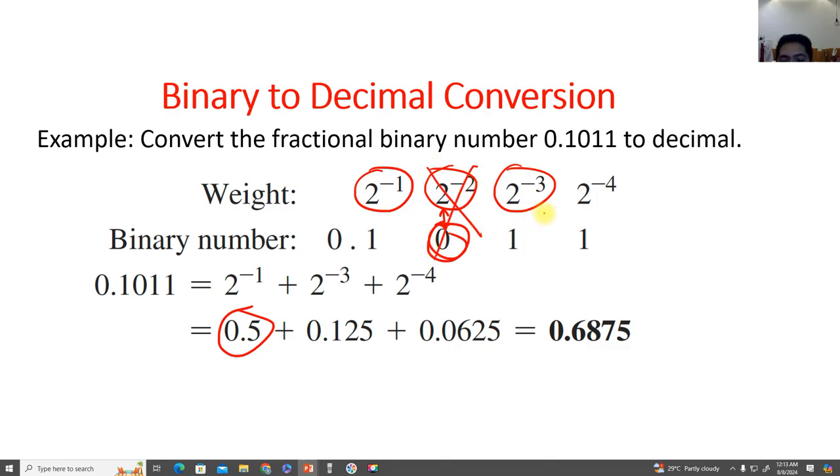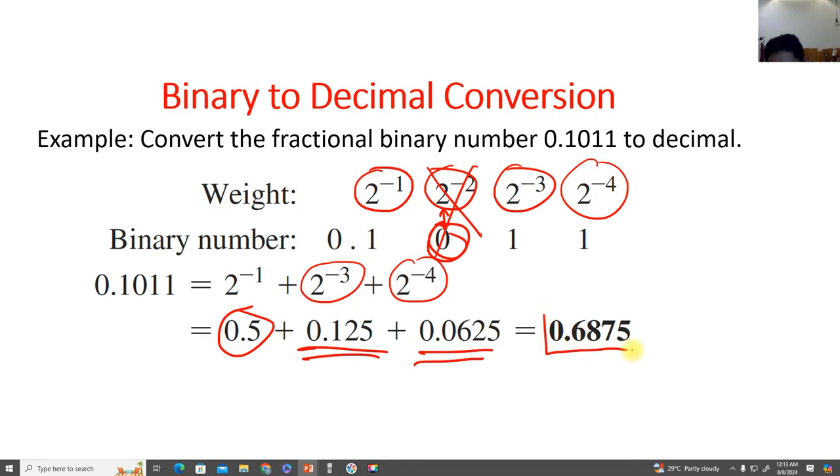The remaining weighted values, 2 raised to negative 3 and 2 raised to negative 4, are 0.125 and 0.0625. If we add those, that would be in decimal 0.6875.